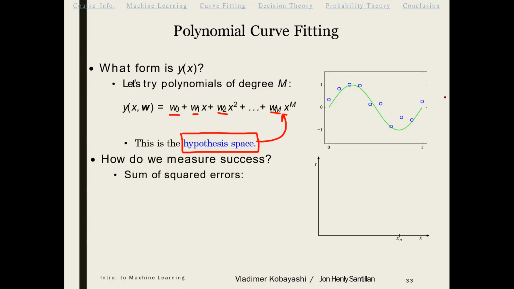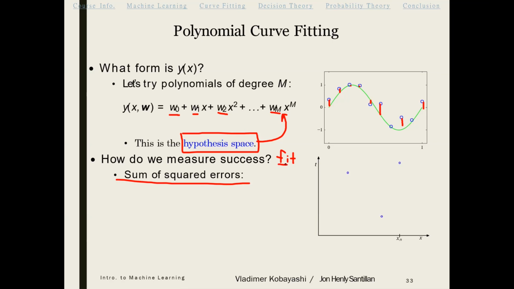So how do we measure success? So this success means how do we measure fit? Na ibig sabihin niya. Usually we do sum of squared errors. So yan, we compute the sum of squares. And the curve that results in the lowest or the smallest sum of squares, we can tell that that's a good fit.